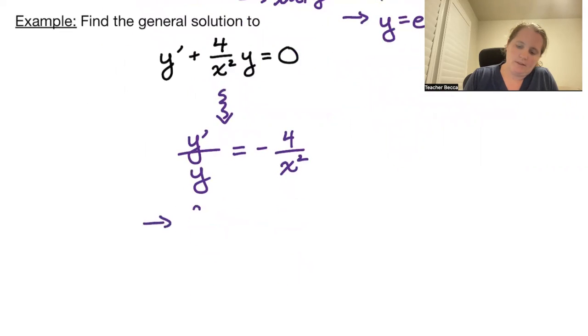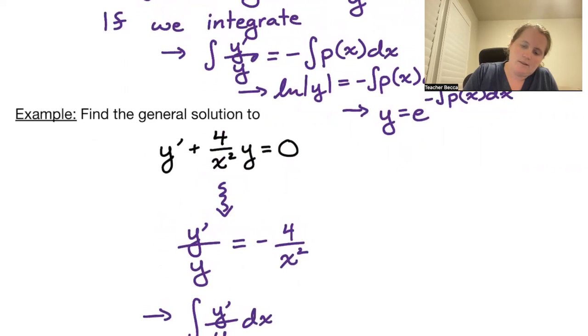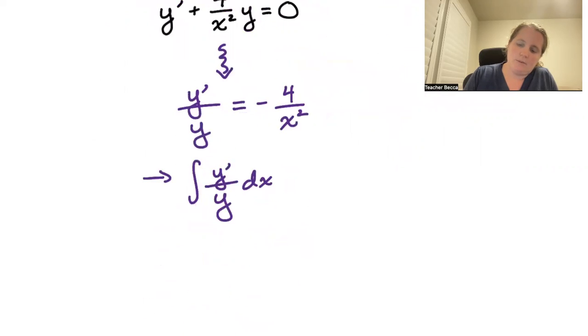That means that the integral of y prime over y dx is equal to the negative integral of 4 over x squared dx.